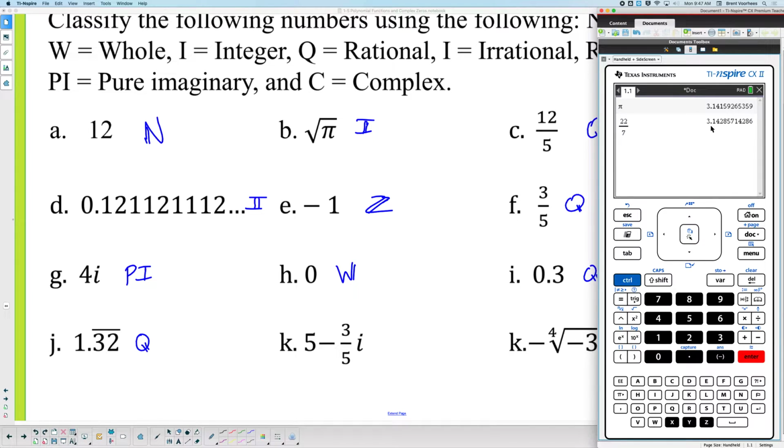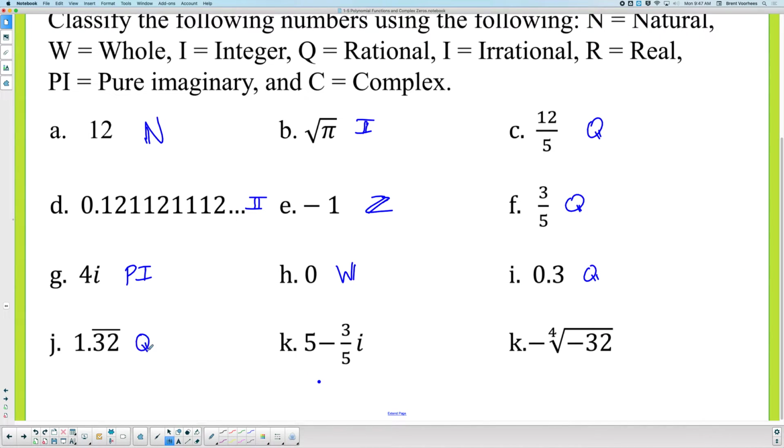Now they're close, but are these exactly the same? 3.142, no, it's not. So even 22/7 is not accurate. So it is, where am I? J. I don't remember why I was talking about pi, but that's why it's irrational as opposed to rational, because it's not a fraction. Okay, moving on.